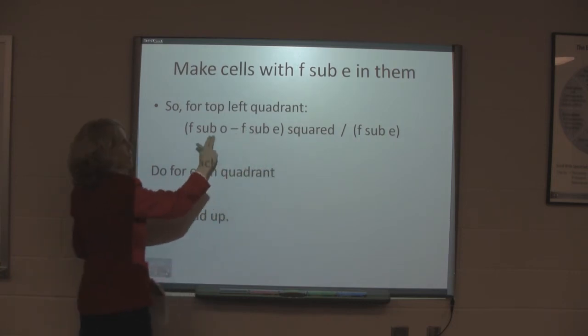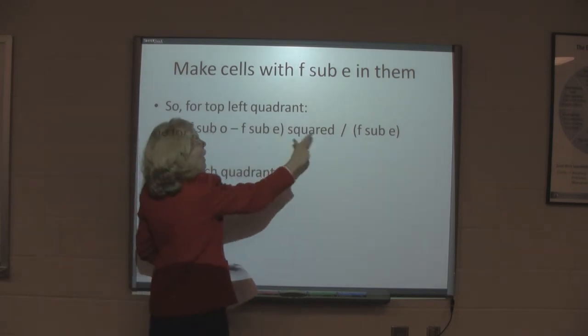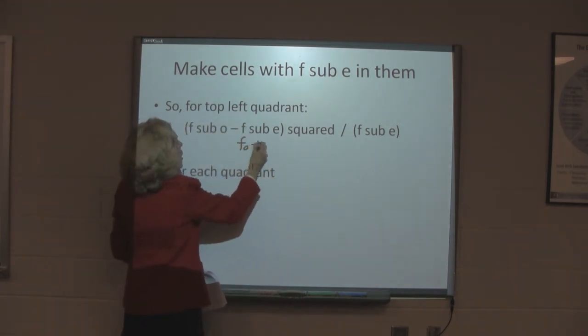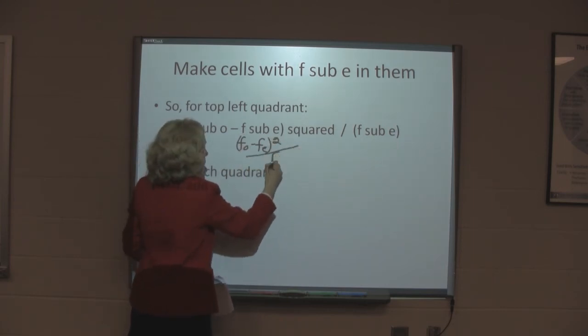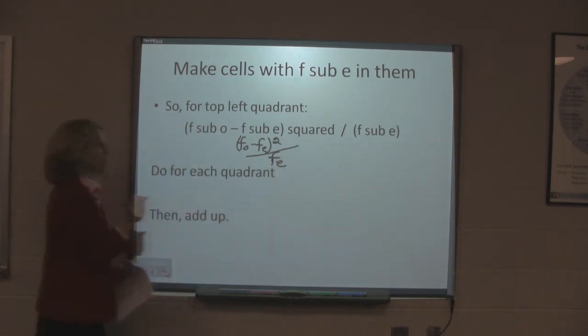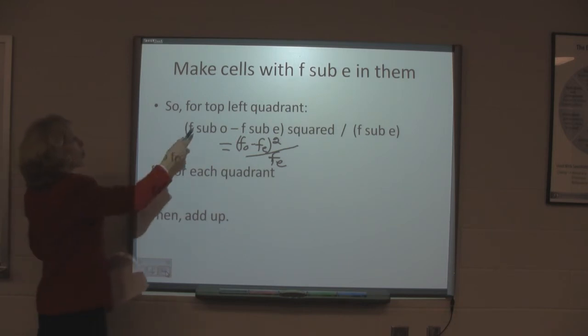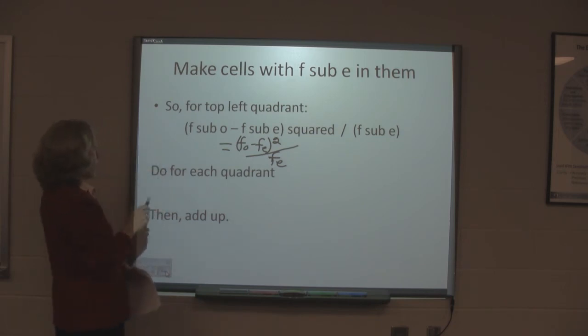We're going to subtract that from the observed, and then square that and divide by F sub E. So this is going to be F sub O minus F sub E squared over F sub E. And then we're going to do that for each quadrant, the observed and the expected in each of those cells or each of those quadrants. And then we're going to add those up.